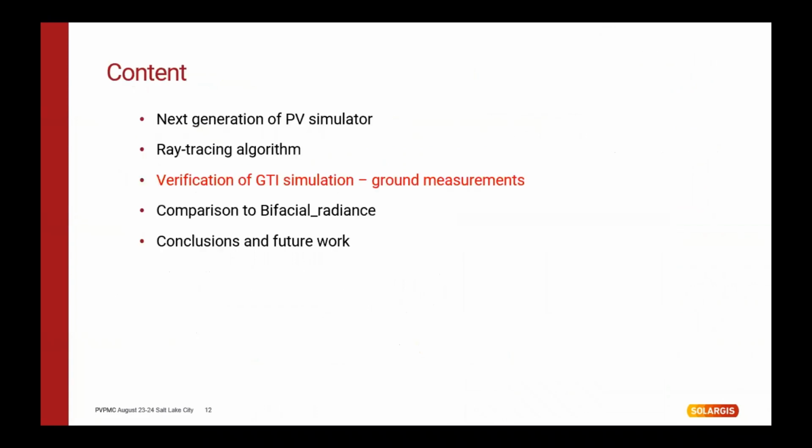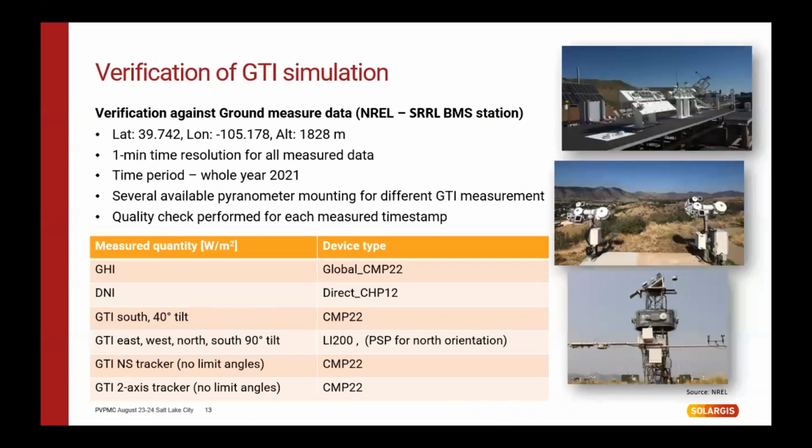Okay, this was the description of the ray tracing which we are using, and now I move to the first part of validation. It is verification comparing the measurements from the BMS station. We selected year 2021 from the big amount of data available at this station because the tracker systems were available since 2020, so we decided to go for 1 year validation.